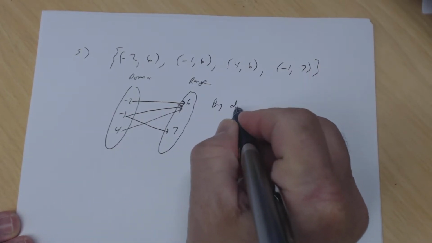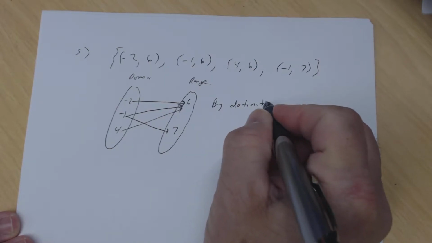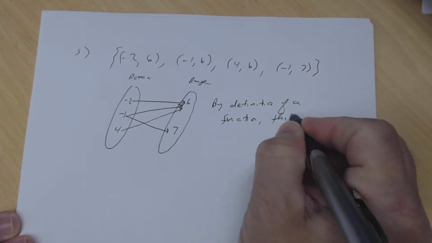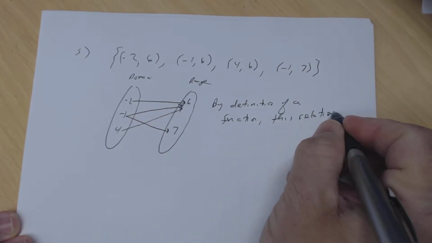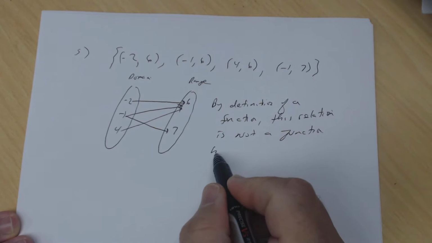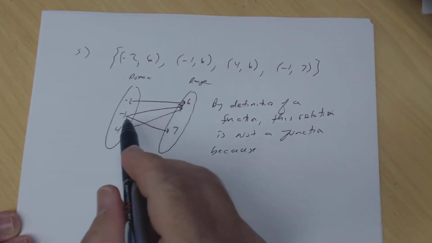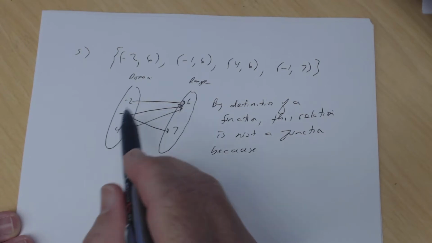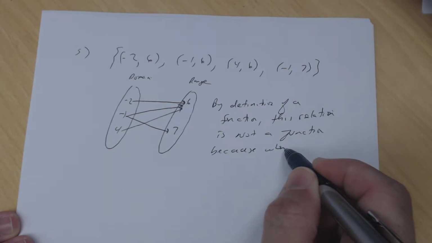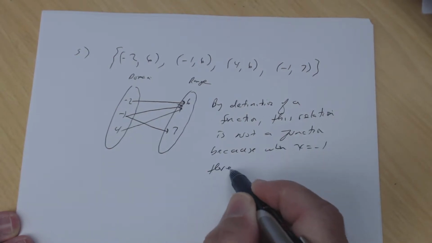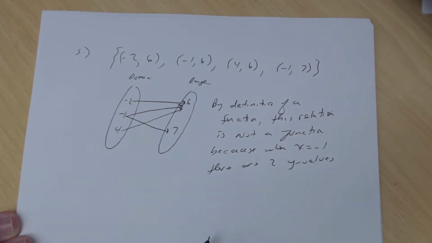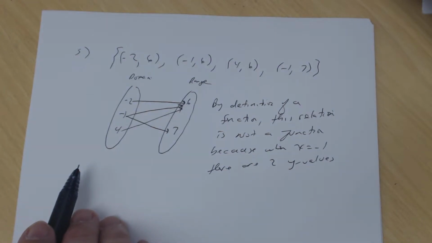So by definition of function, this relation is not a function because, and you've got to explain what part is not satisfying the definition, because when x equals negative 1, there are 2 y values.